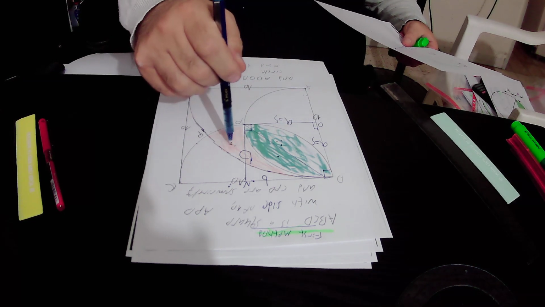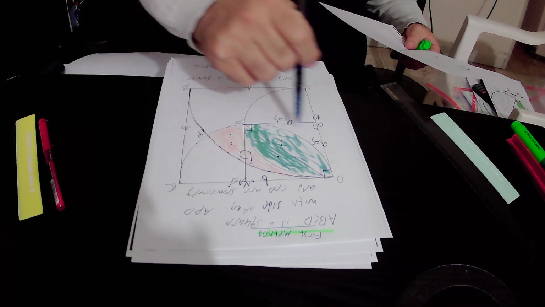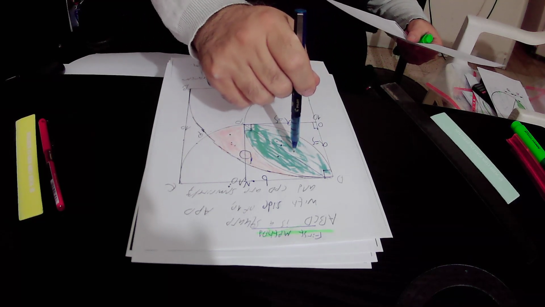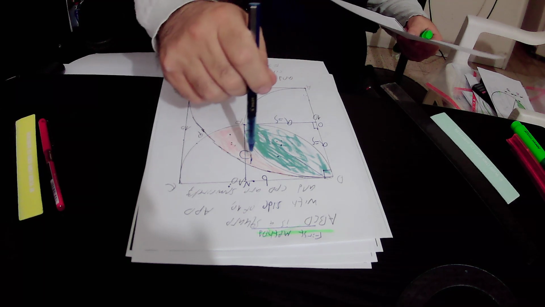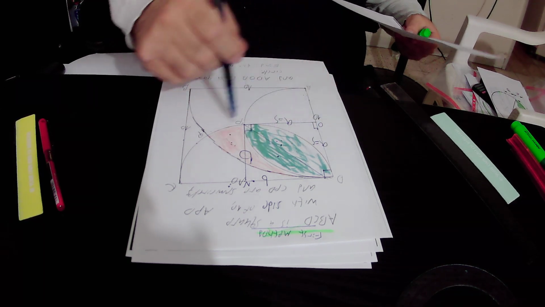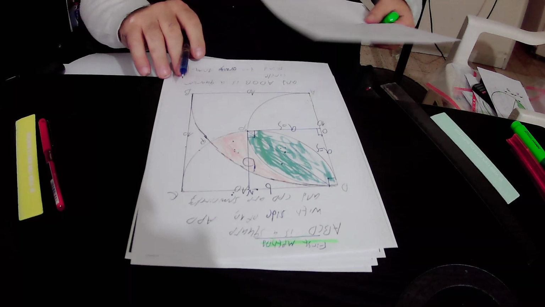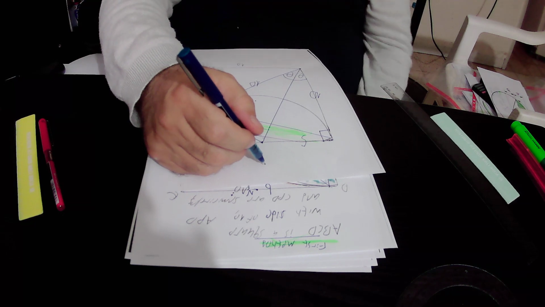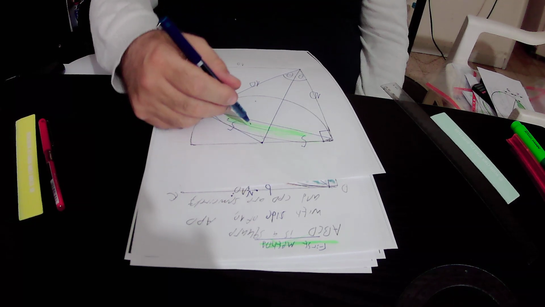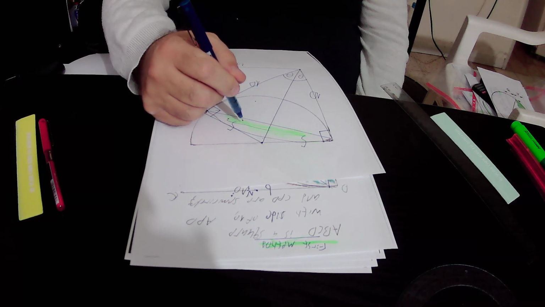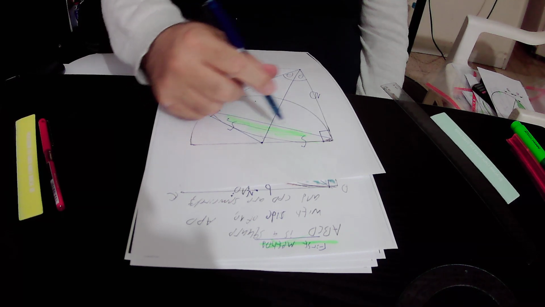In this way, the area of the big lens minus the area of the blue lens equals the area of the orange shape, that is DPQ. Okay, so now our mission is to find out the area of the upper circular segment in the big lens.